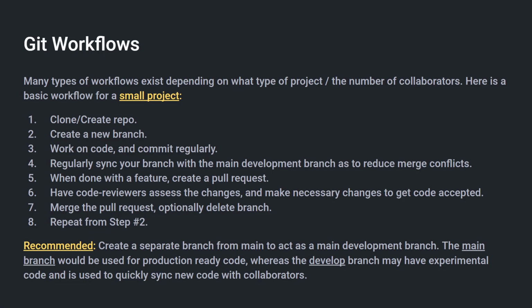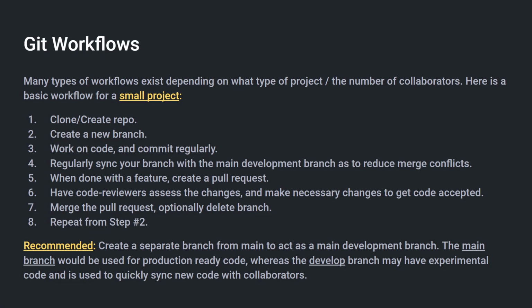And then you're going to want to regularly sync your branch with your development branch. This is to reduce the number of merge conflicts that you get. Regularly syncing with your main development branch is usually when you're on a team with collaborators.